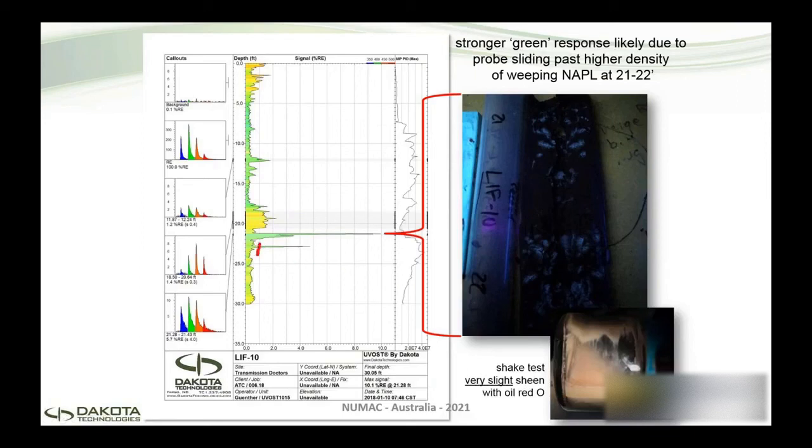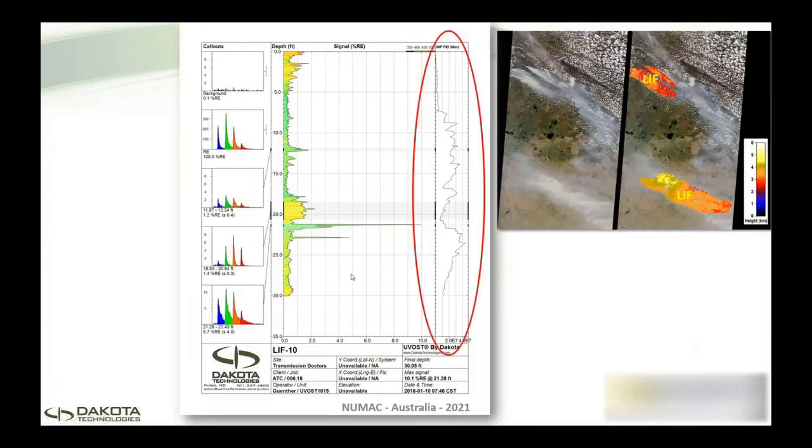But that's NAPL. But they can be very small. So don't let somebody tell you, oh, if it's just 1 or 2%, it's not NAPL. If it's got long lifetimes and it's blue shifted, it's NAPL. Okay. Now this particular location, we also did PID. And you can see the vapors, right? The sorb phase and things like that. And of course there's some smearing with the PID from the trunk line and things like that.